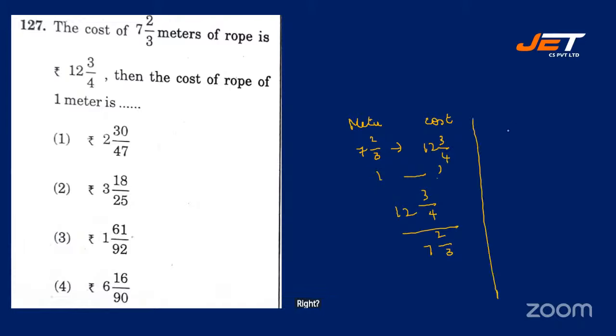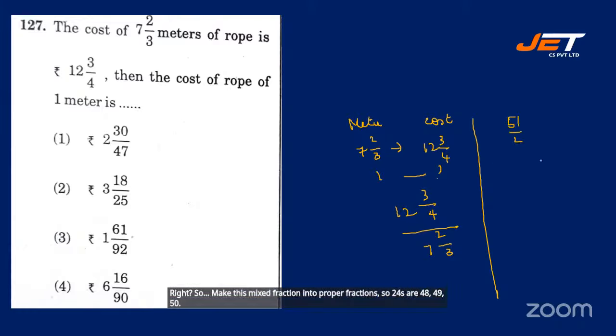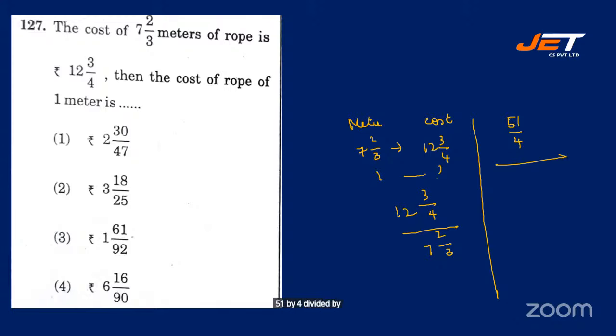Right? So make this mixed fraction into a proper fraction. So 12 fours are 48, 49, 50, 51 by 4 divided by 7 threes are 21, 22, 23 by 3. Okay. So 51 by 4 into 3 by 23. So 3 will not do. 51 is also a prime number.